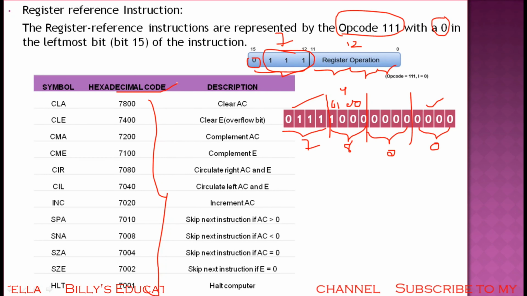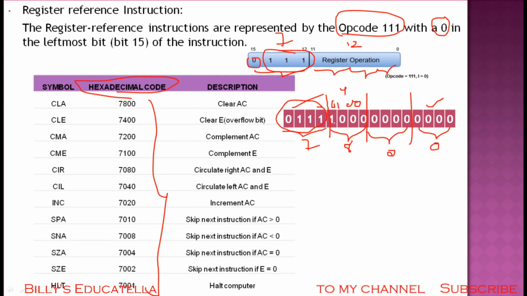Here it is hexadecimal code, so 16 bits of numbers will be taken. This value will remain constant, but these values will change. That is, the first bit will become 1, next this bit will become 1, next this will become 1, and next this will become 1. Next this column will become zeros and this column will become zeros. Here the values will be changed.